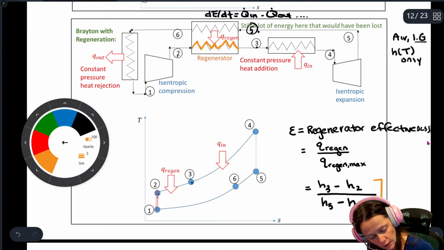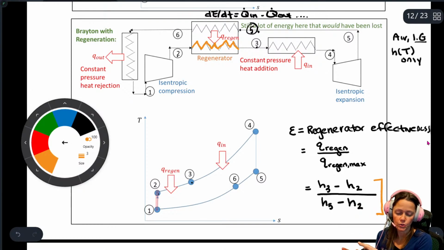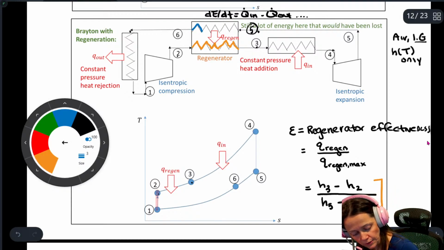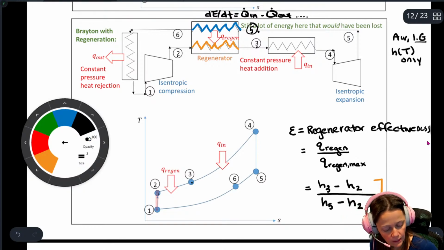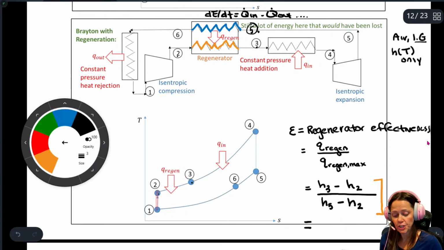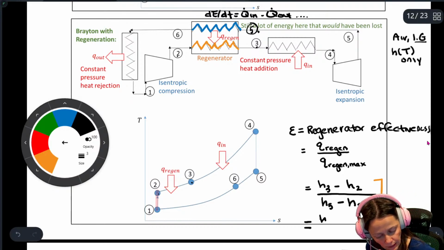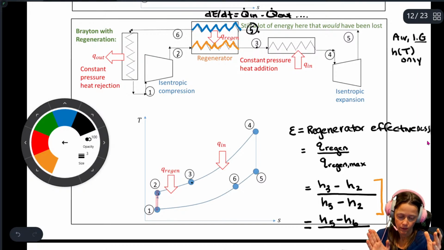So that's defined by drawing your control volume around that bottom squiggly. I could also draw it around the top squiggly. Then my regen would be going out of that blue squiggly, so it would be a delta H between 5 and 6. So it's going to be H5 minus H6 over the regen max.